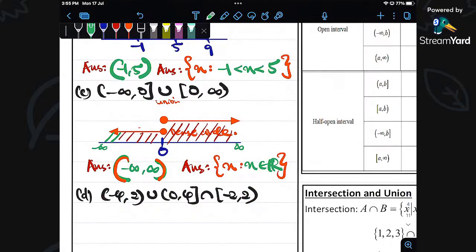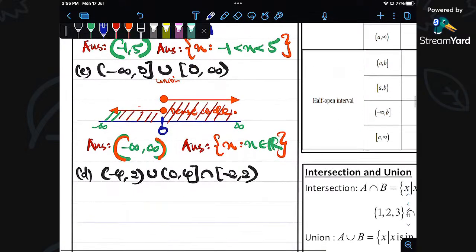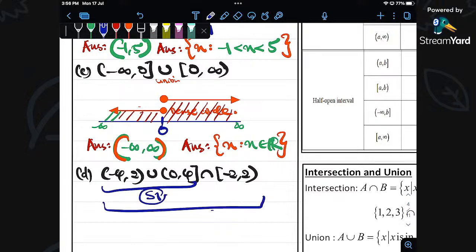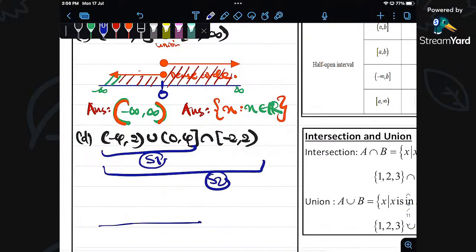Okay. And the last one from me, yang ini kalau you perasan ada 3 jenis interval dekat sini. So kita akan buat step by step. Kita akan mulakan dengan yang di depan, step 1. And then bila dah dapat jawapan, it will give you the step 2. So here we go. Smaller number from negative 4, 0, 2, and 4.